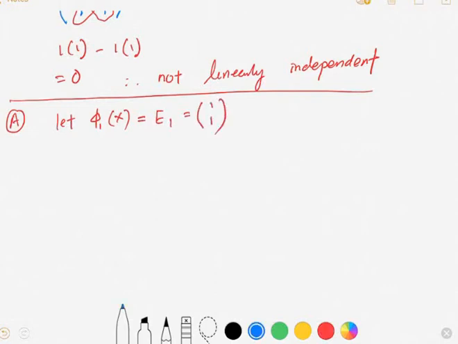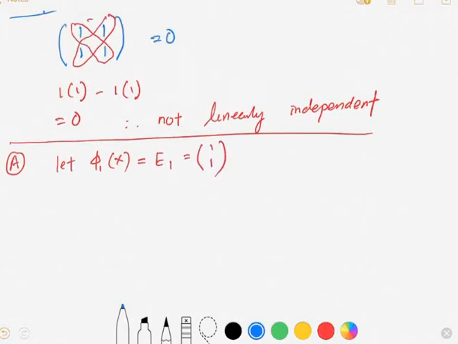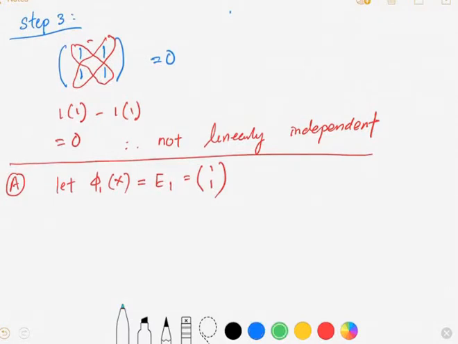So this 1 and 1 is from here, and it is the first solution.